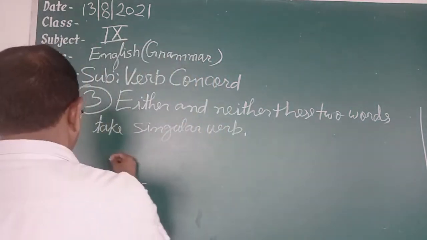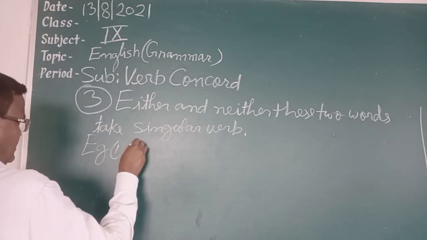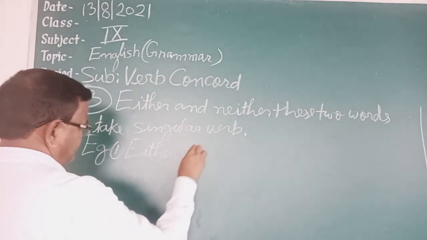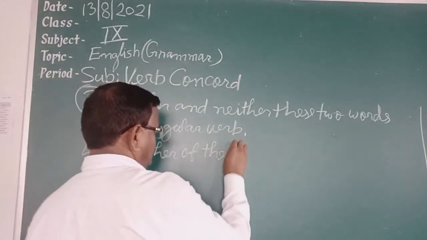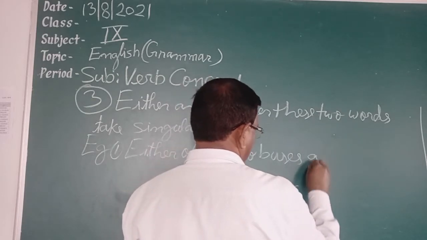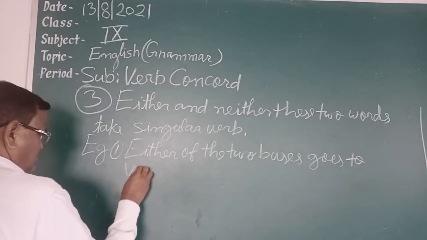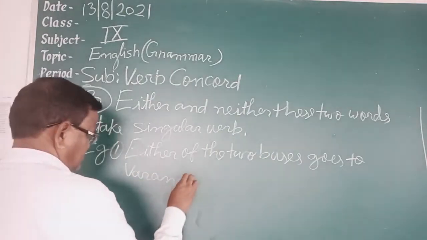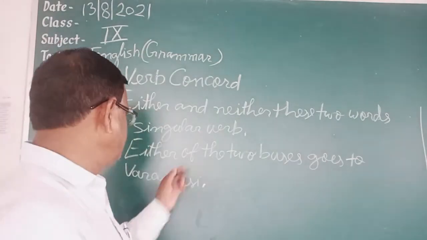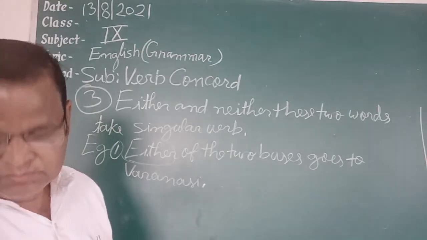For example, you can take: either of the two buses goes to one of the places. In the sentence you see the word either has come.